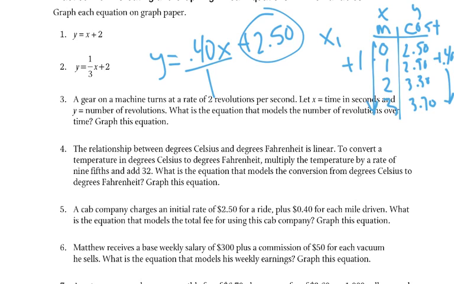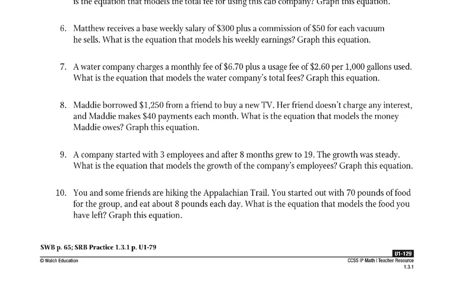Okay? Alright, number 6. Matthew receives a base weekly salary of $300 plus a commission of $50 for each vacuum he sells. What is the equation that models his weekly earnings? So we have weekly and earnings, or X and Y, since we're putting them on a graph. Okay? So he earns $300 just for working, base salary.